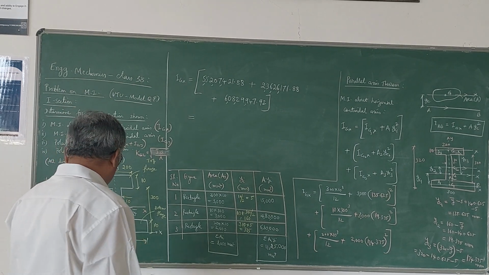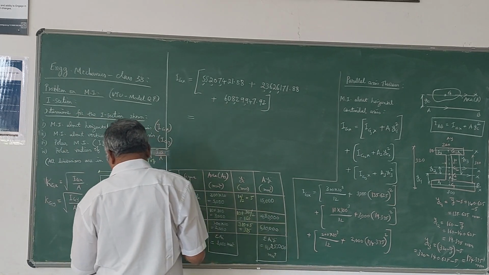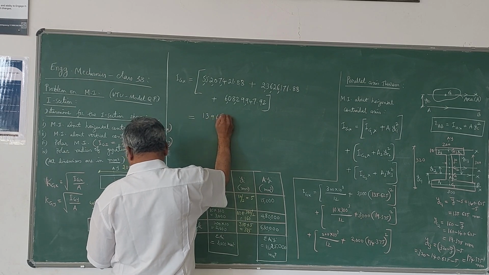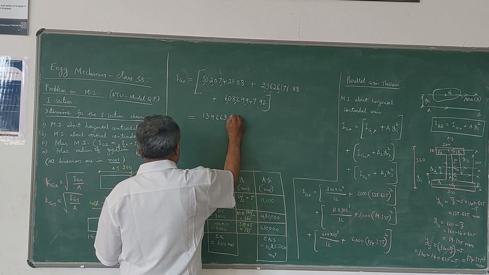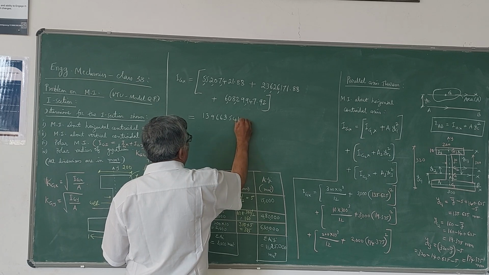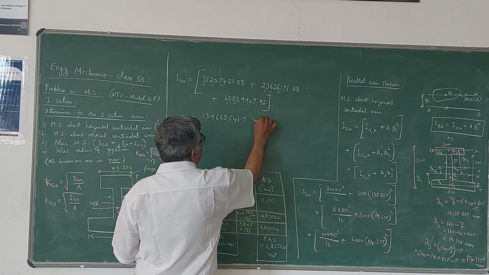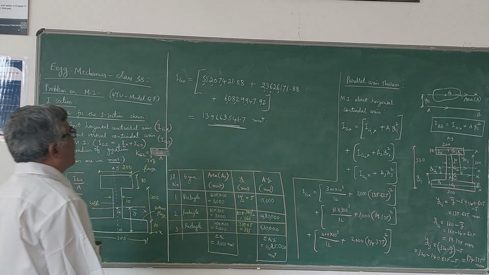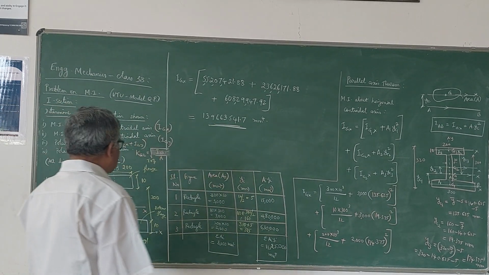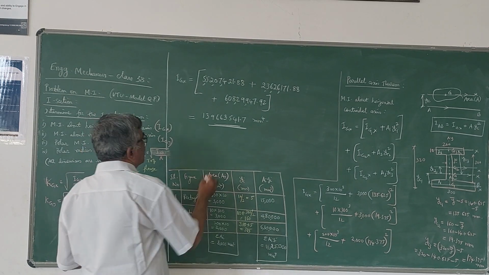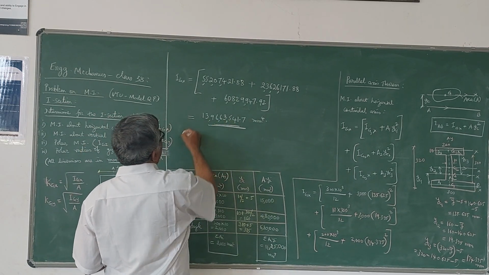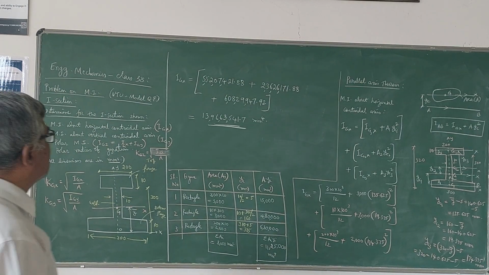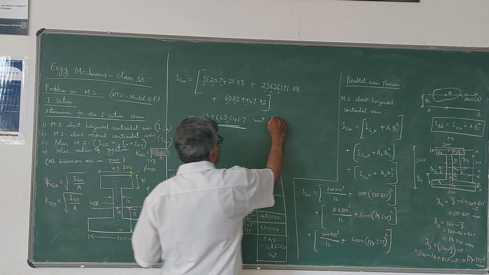The value comes out to be 139,663,541.7 millimeter power 4. So this is the unit of moment of inertia. So 139,663,541.7 is the value of the moment of inertia about the horizontal centroidal axis.